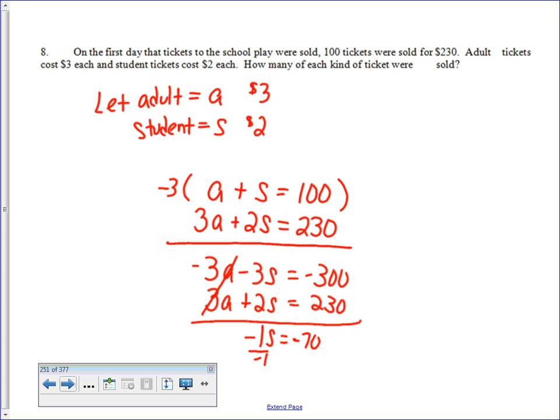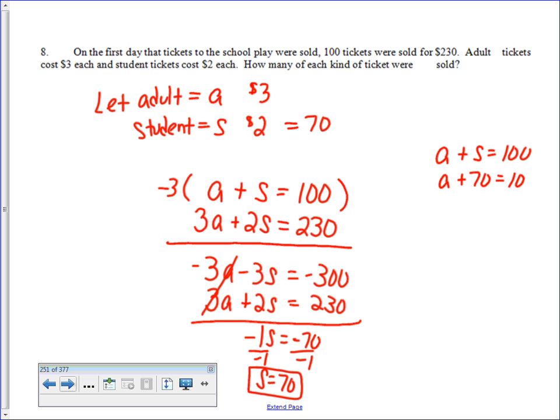Divide by a -1, and I'm going to get s to equal 70, which is telling me that I sold 70 student tickets. How many adult tickets did I sell? Well, I'm going to substitute the 70 in for s, and I'm going to find that I sold 30 adult tickets. And again, I'm going to put that in my let statement.